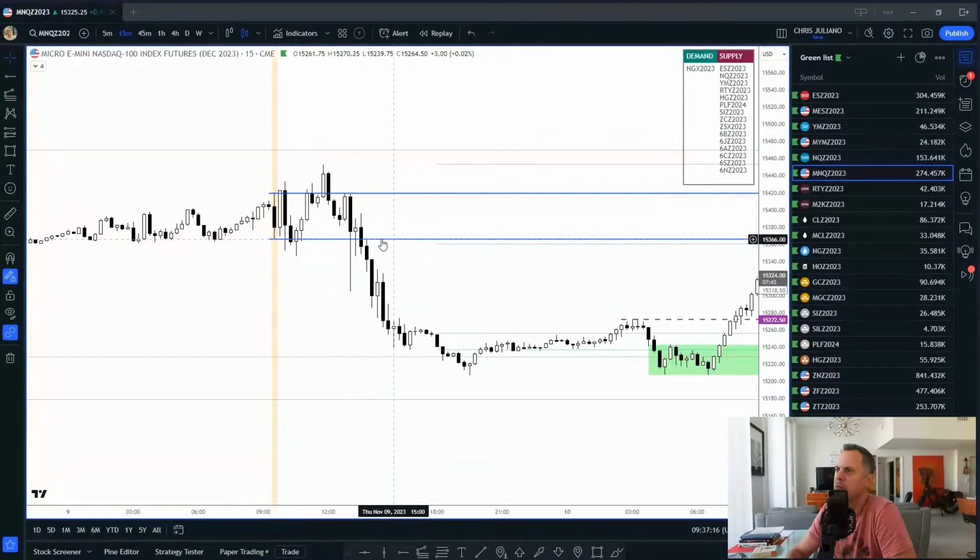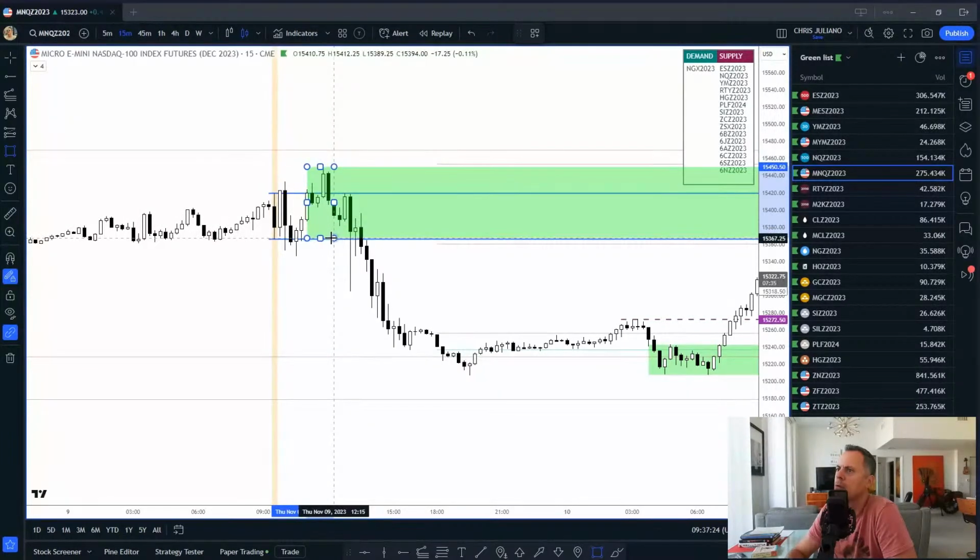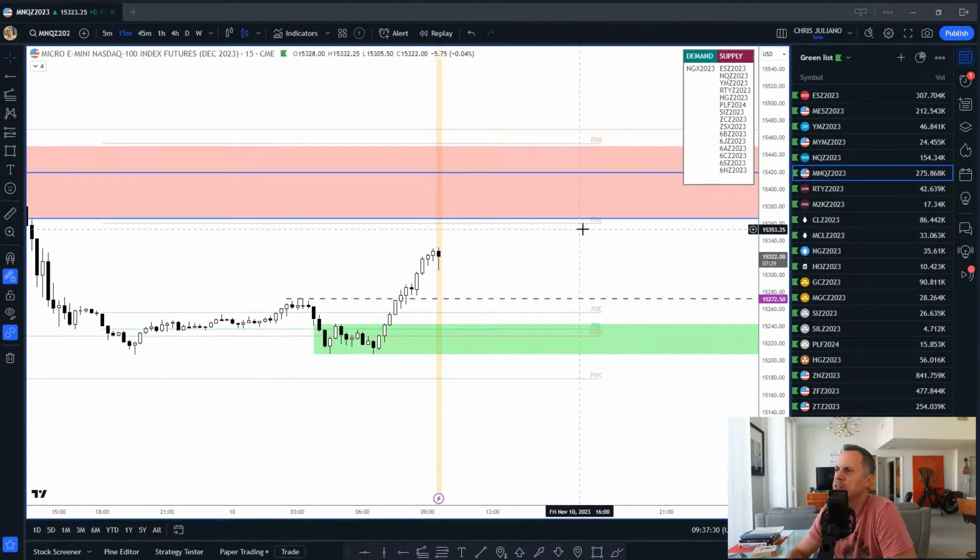We're heading into some supply. Previous day's opening range. Make that red. And there's a lot of resistance levels. Here's the previous day's open, previous day's high.